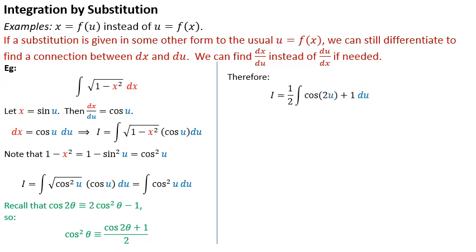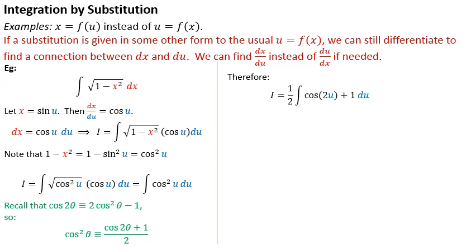This is what we get. I've pulled the half outside the integral sign to make it a little easier to see what's going on. But although cos squared u cannot be directly integrated, cos 2u is nice and straightforward. We can integrate cos, we get sine, and the 2u is just going to affect the result at the end.